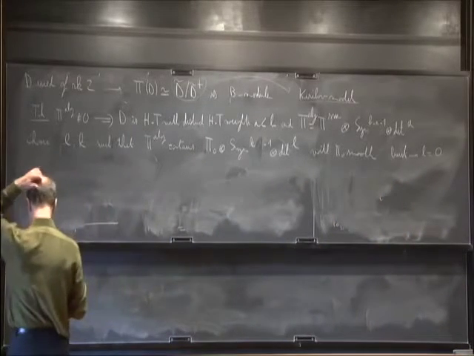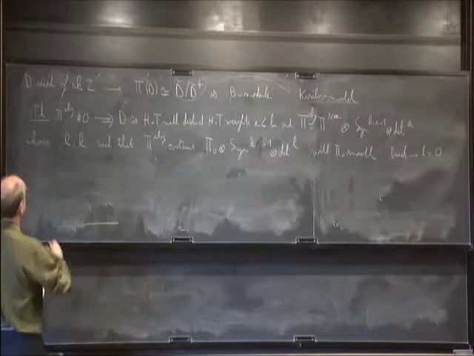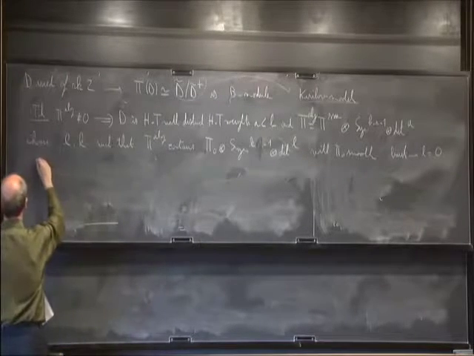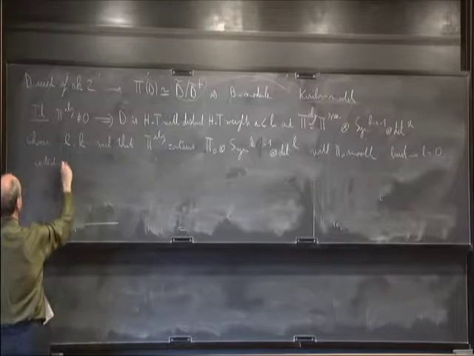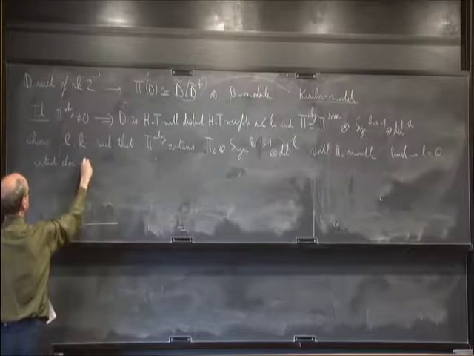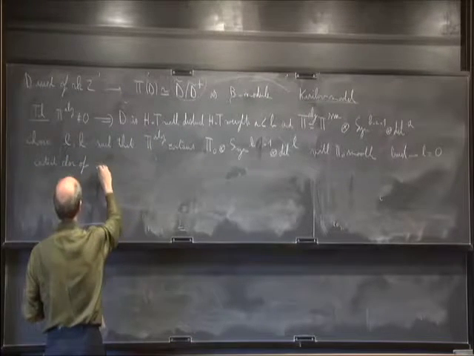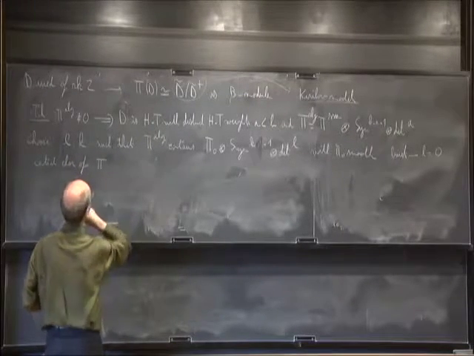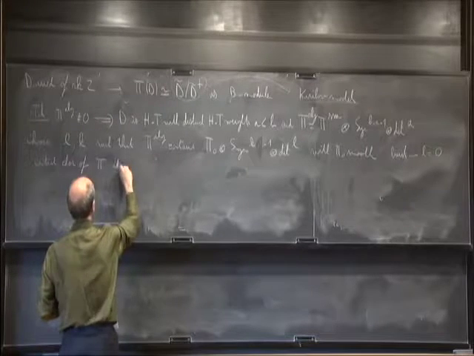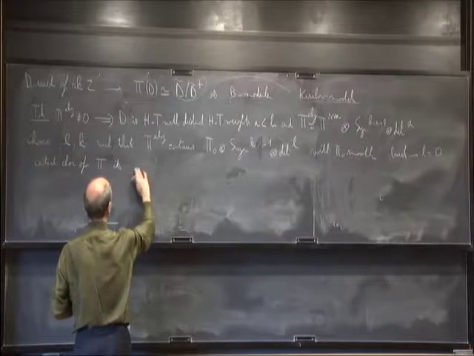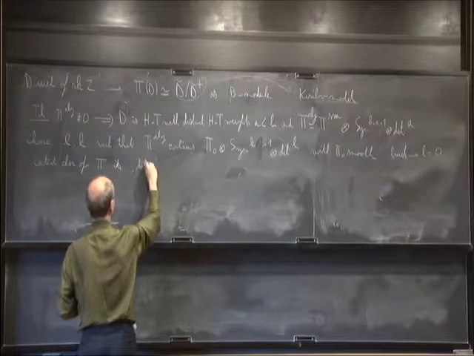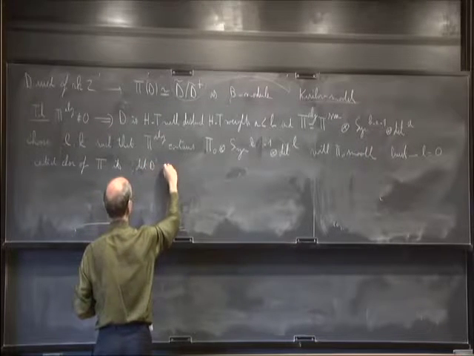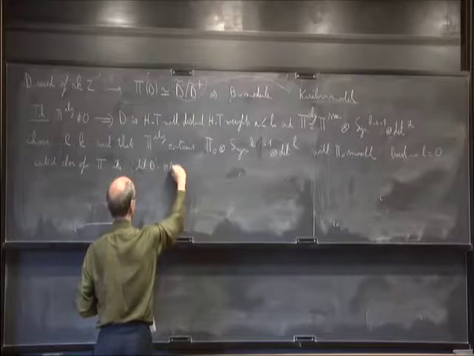And so what you know is that the central character of pi is omega_D, so it's determinant of D times x norm x minus 1.